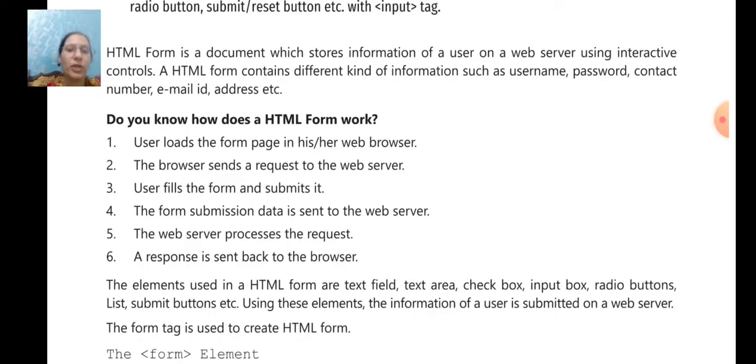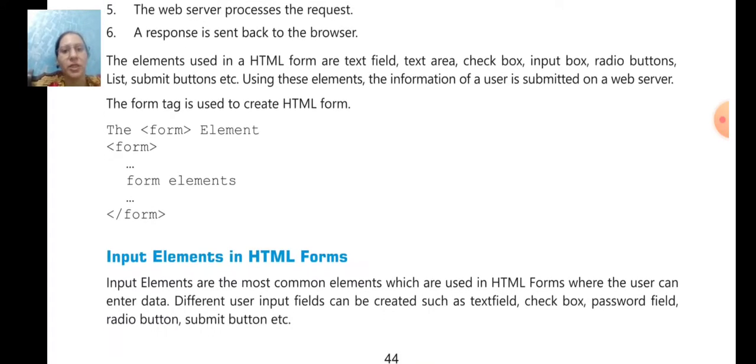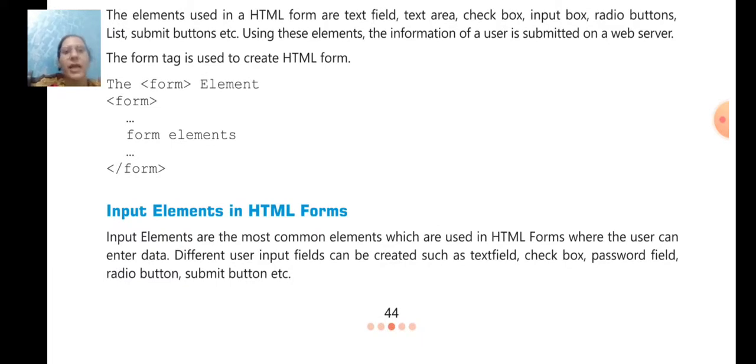And for creating an HTML form, we use a form tag. The syntax is the form element: in the form tag we write the form elements and then we close the form tag. Form tag is also a container tag, because if we open a form then we close it.